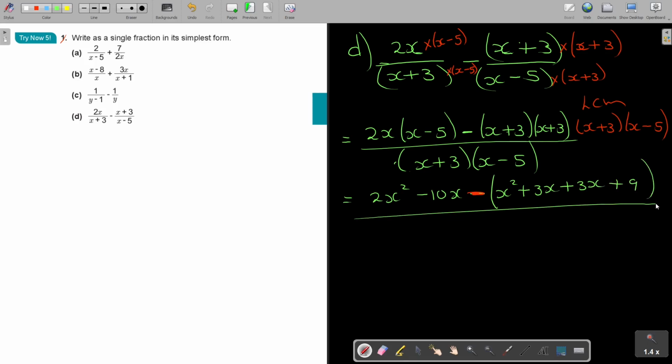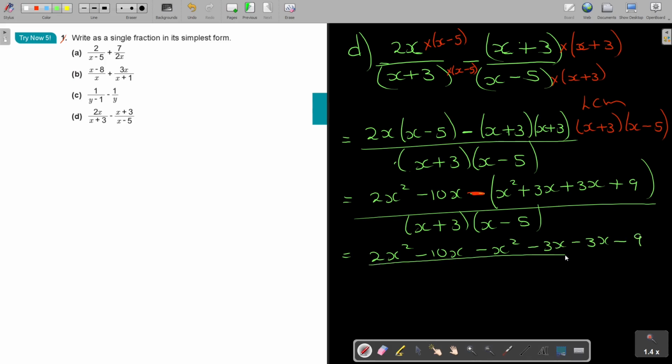And it's over the LCM. Okay, and now I'm just going to multiply in that negative. So it's minus x squared minus 3x minus 3x. All the signs inside the bracket change. Do you notice that? So x plus 3, x minus 5.